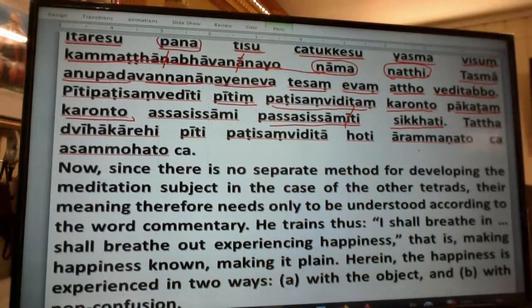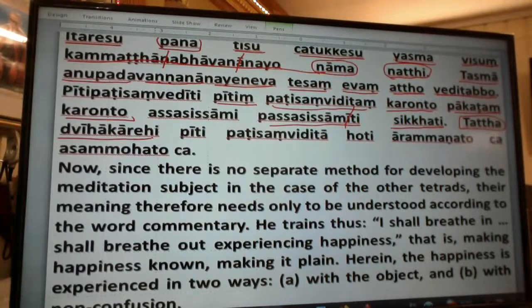Tatha, in that Piti Pati Samvedi Pali, Tatha refers to the Piti Pati Samvedi, the Pali. Dvihakarehi.